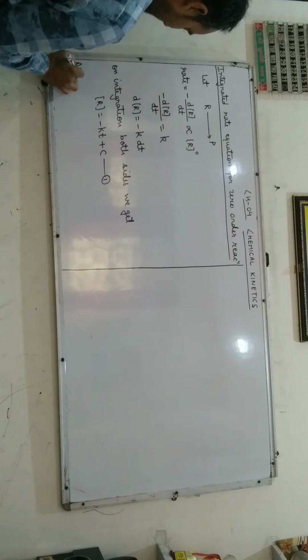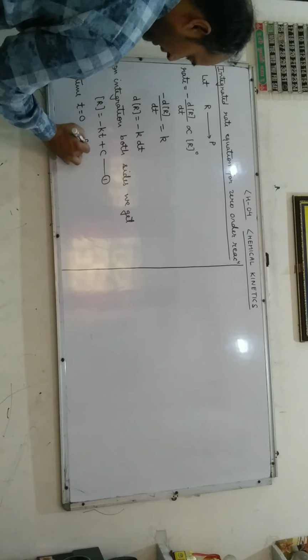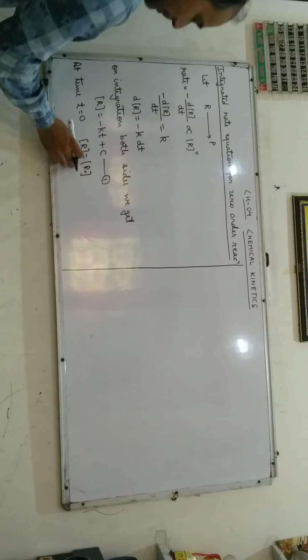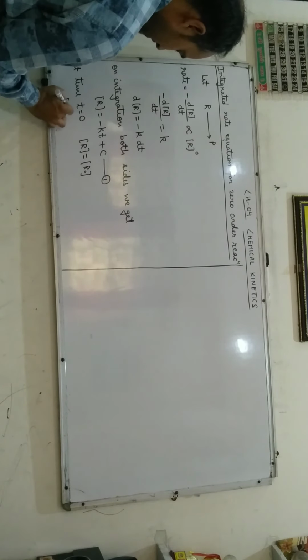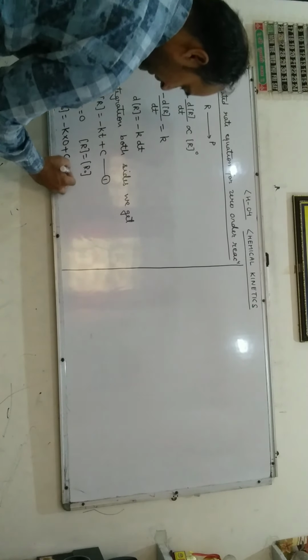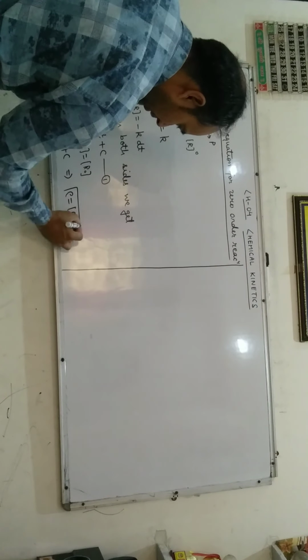Now at time t equals 0, the value of R is equal to the initial value, that is R naught. Putting in the above equation, we get R naught is equal to minus K into 0 plus C. This implies C is equal to R naught.